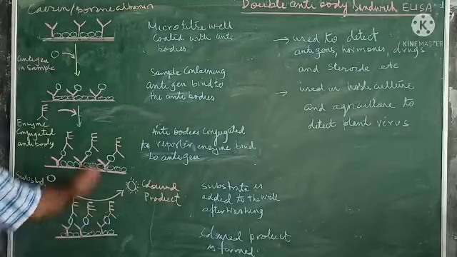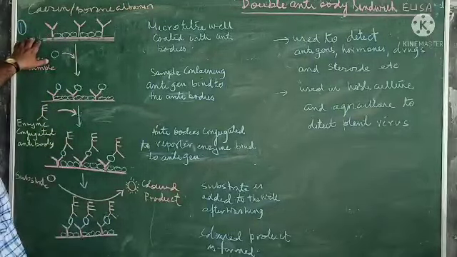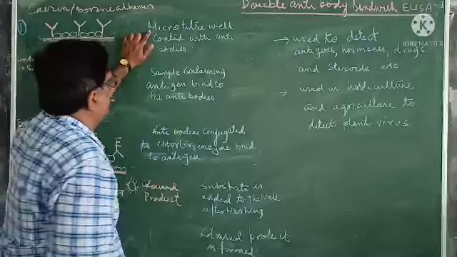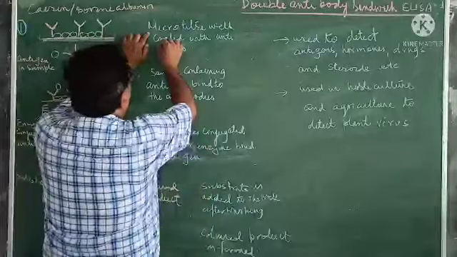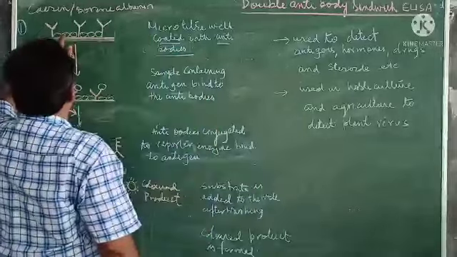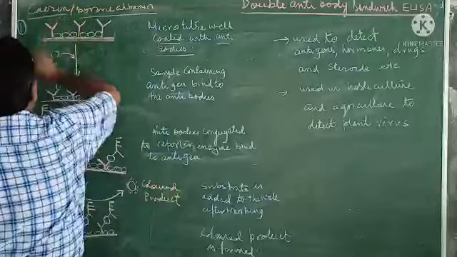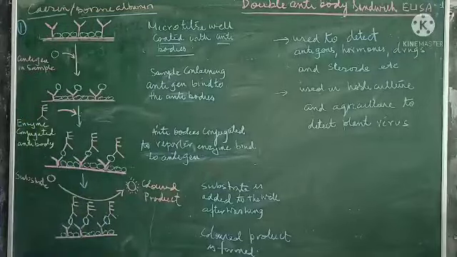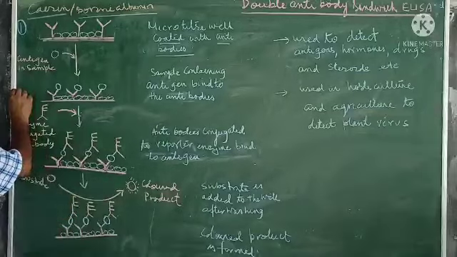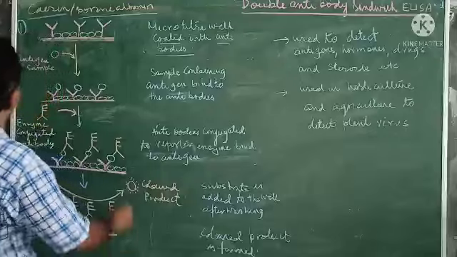The first step is the preparation of the proper surface of the microtiter well, that is, it should be coated with the antibodies, and the exposed surface should be covered using non-reactive molecules like bovine albumin or casein. In the next step, the sample containing the antigen is added to the microtiter well.